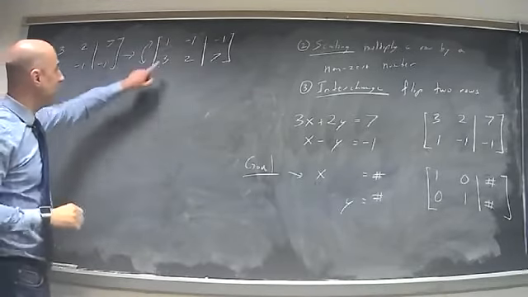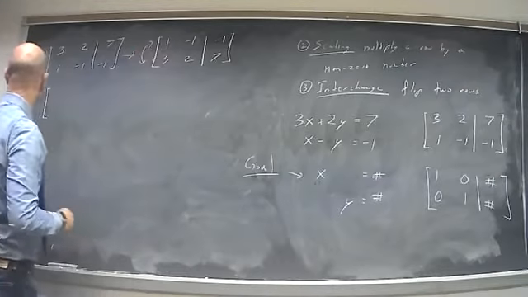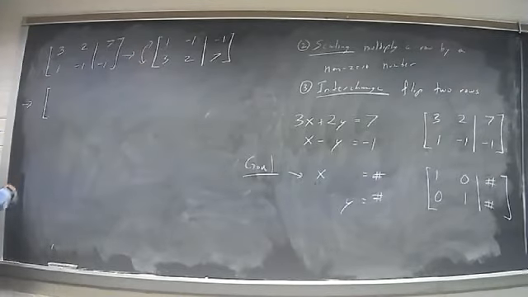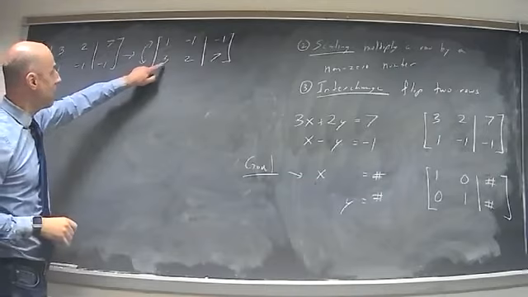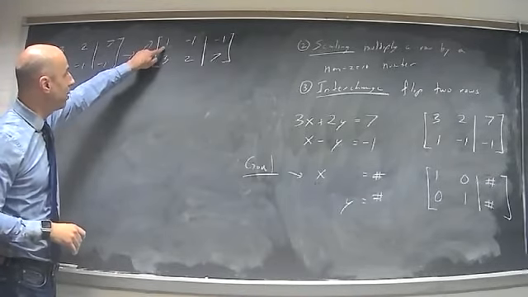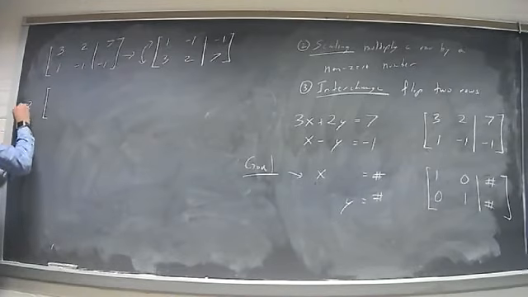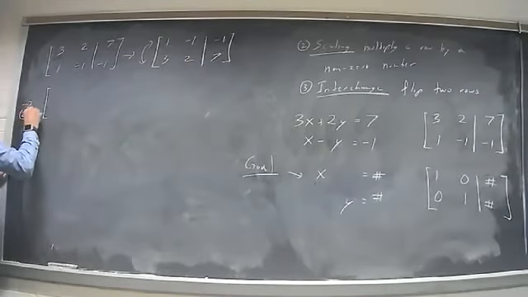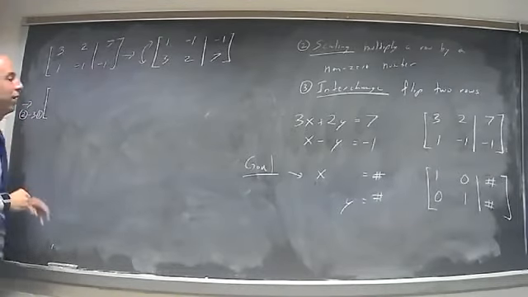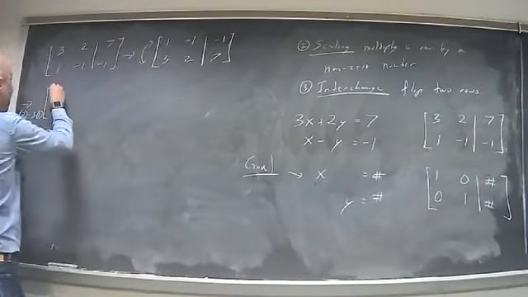Now let's keep going. I want to get a 0 below that 1. So what I'm going to do is take the second row and subtract off 3 times the first row. That's that replacement. So I haven't done anything to the first row.